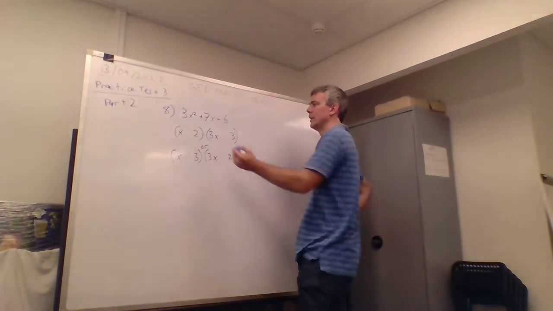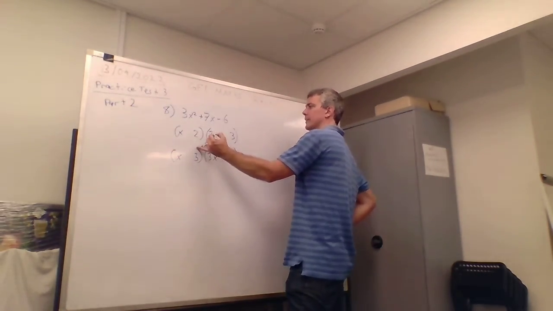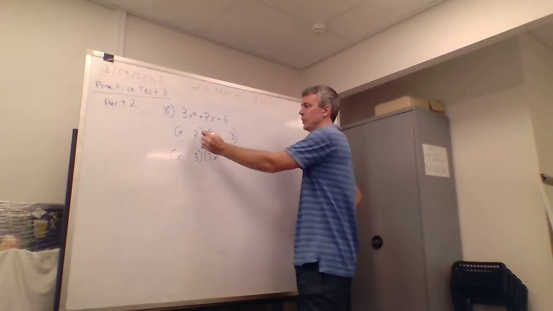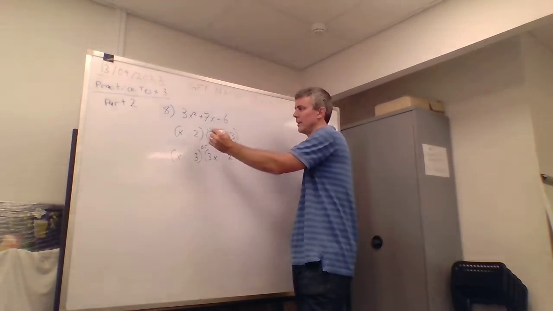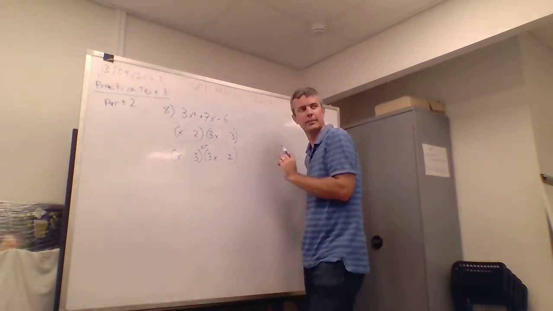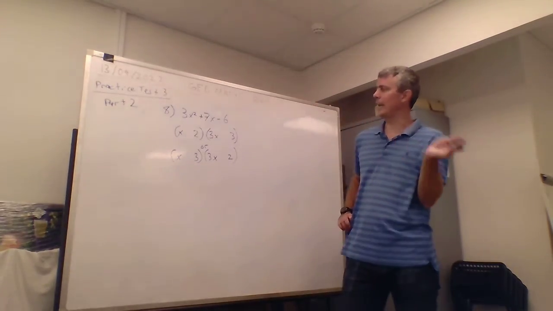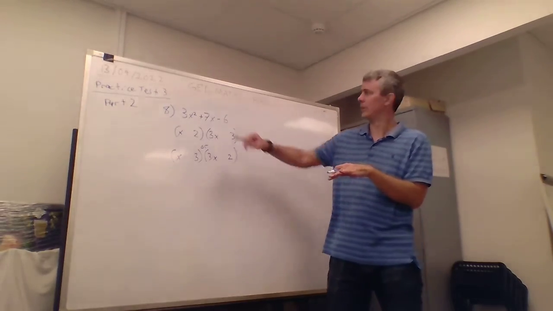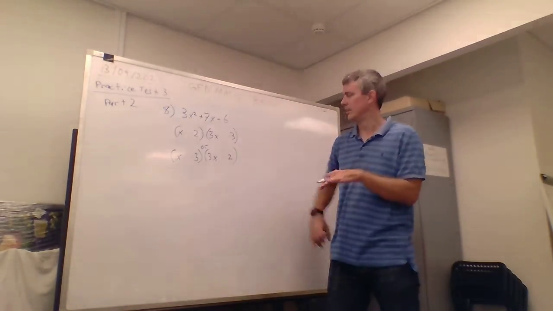Okay, so let's see. If it's 2, this will become 6x, right? And this will be 3x. The 2 times the 3 becomes 6x, and the x times the 3 becomes 3x. So 6x plus 3x, we either get 9x or 3x, right? Not 7. So let's try here.